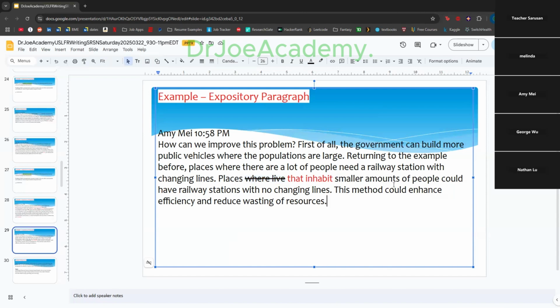All right, so very well done. Very specific solution that you offered right here. It's a realistic option as well. It's something that does happen in places with a big population. I would like to add that maybe you can add some more detail here. You can provide information about why this would be effective, who would be benefiting from this, as well as what is the impact of it?